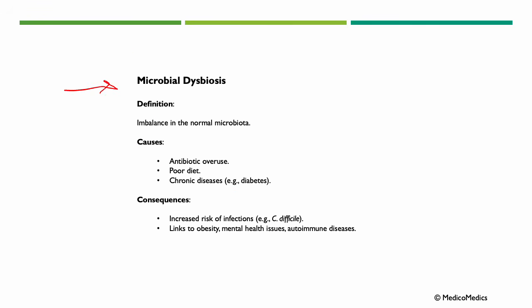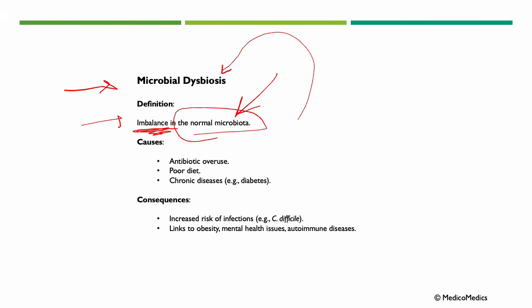Microbial dysbiosis. So this is the imbalance in the normal microbiota. We said that these are your friends or enemies that you keep closer, but if it becomes imbalanced, we have a dysbiosis. It could lead to negative effects. So, for example, causes of developing a dysbiosis could be antibiotic overuse. It could be poor diet.